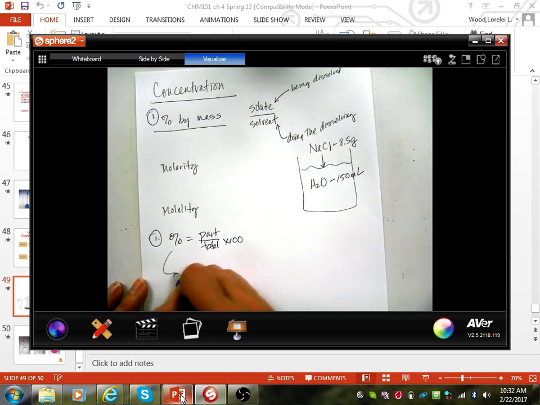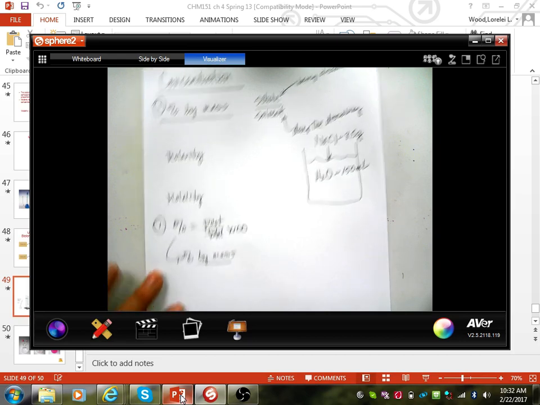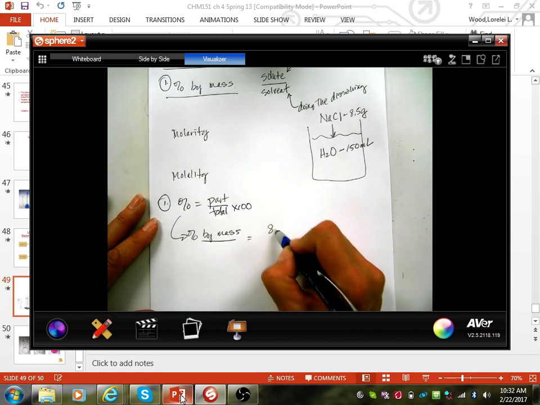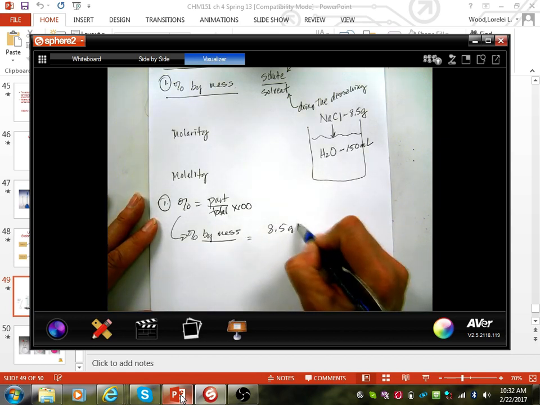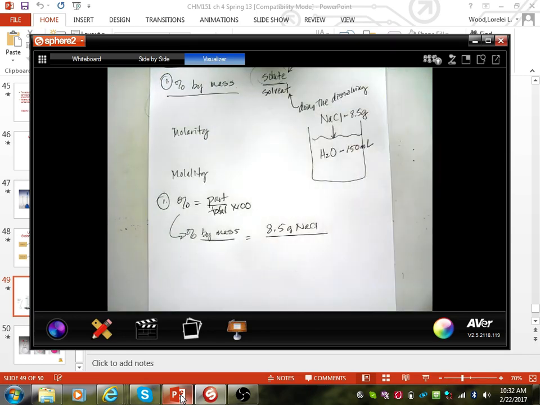So if we're going to calculate our percent by mass, and there is percent by volume, but we're not going to go into that today. If we want to calculate percent by mass of this particular solution, what is the part? The 8.5 grams. So I've got 8.5 grams of sodium chloride as my solute. That's the thing that's being dissolved.